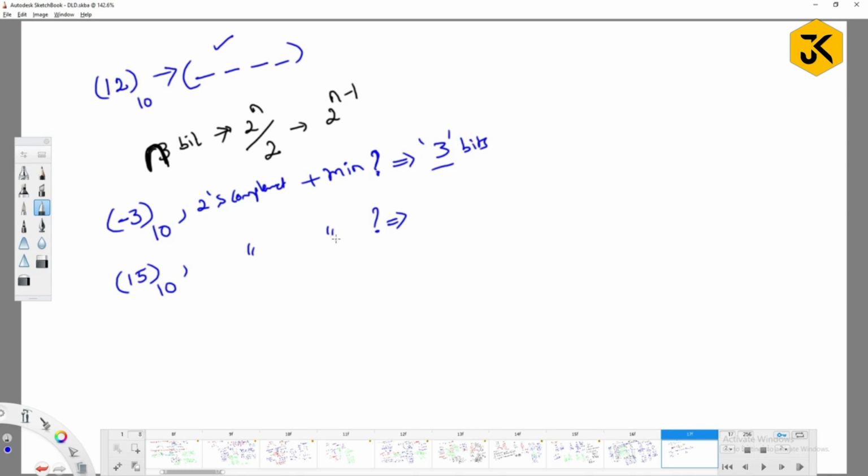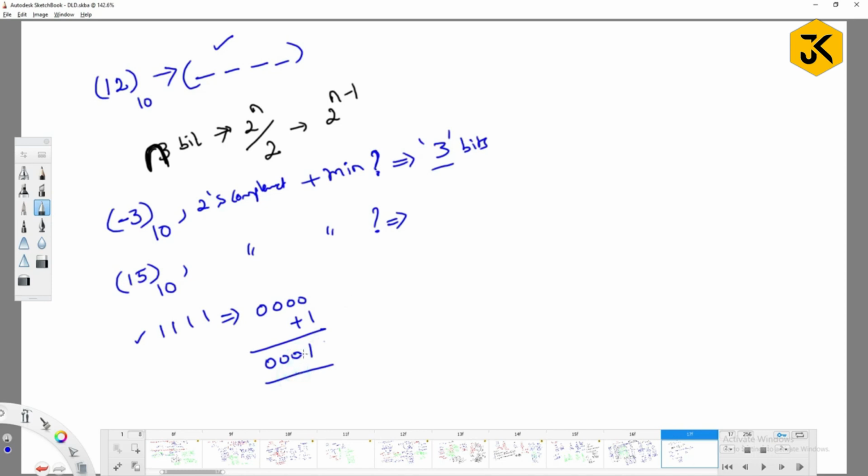Is 5 bits enough? 15 I can write as 4 ones, right? For this, find the complement, 4 zeros. Add plus 1, then you get 0001. So this is 2's complement of 15, 4 bits.